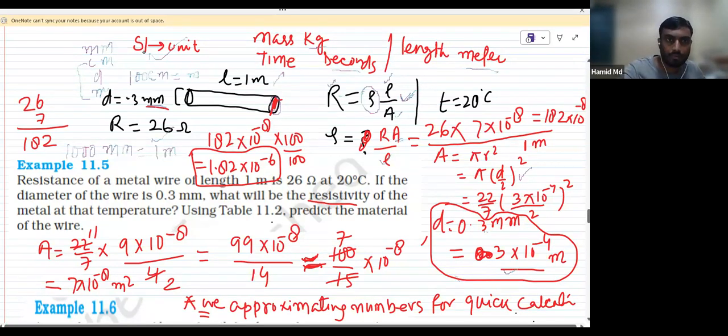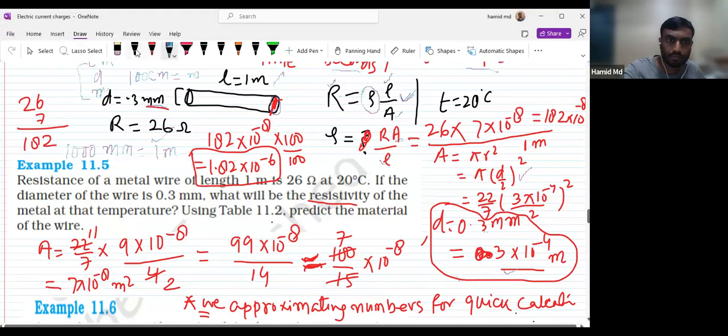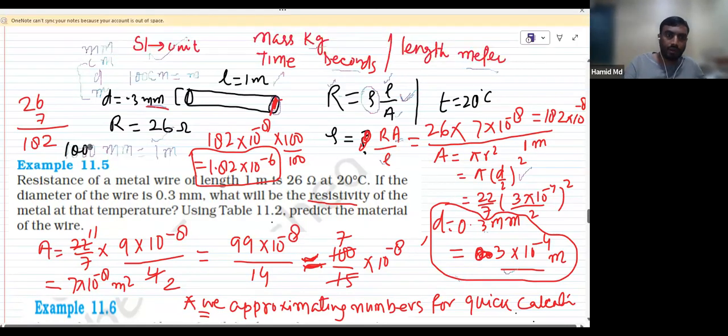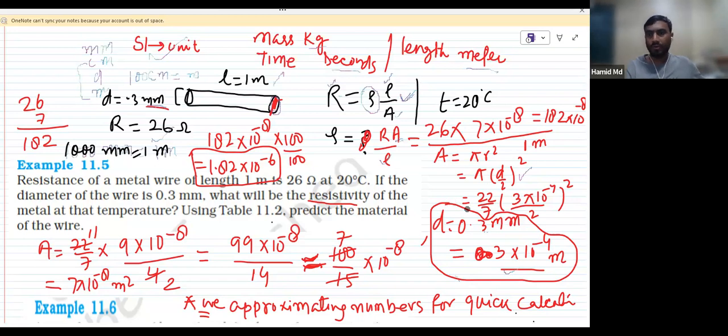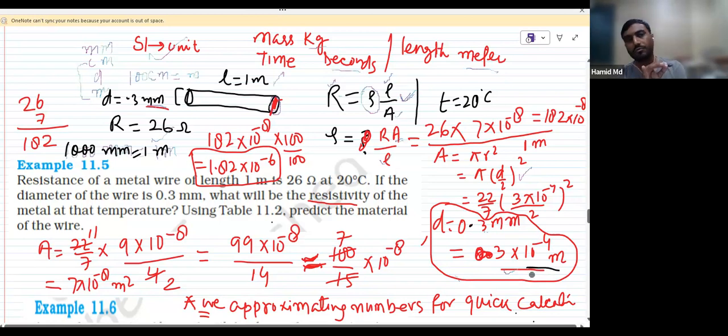My apology, this is not the right ink. So 1000 millimeter will turn out to be 1 meter. So when you change this point as well, it will be 10 to the power minus 4 meter, right? Yes, sir. This was your confusion. So it's clear now. Yes, sir.